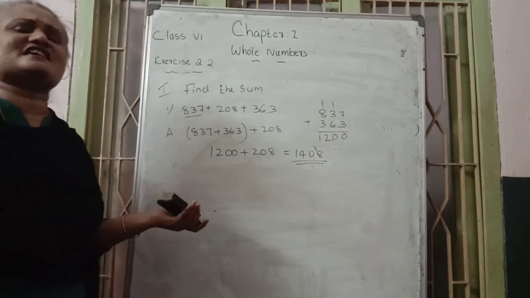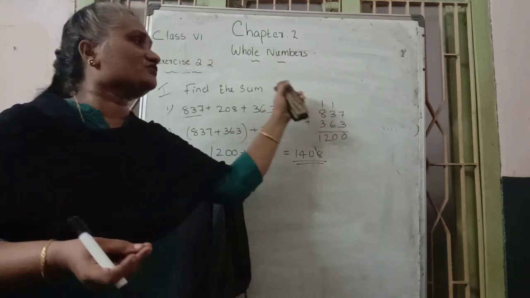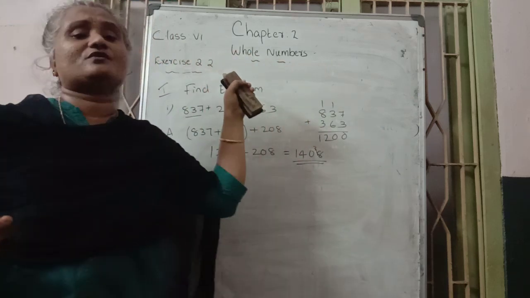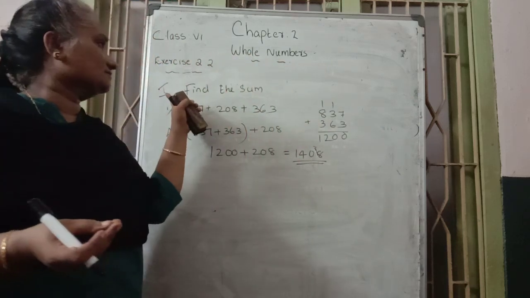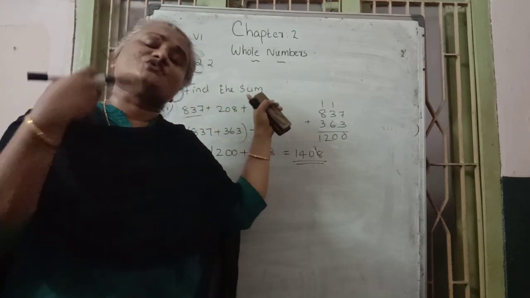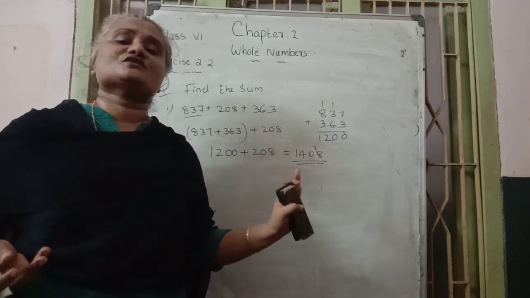In this way, they are asking to find the sum using suitable rearrangement. The textbook exercise's first bit tells about finding the sum using suitable rearrangement, and just you add and write down the answer.